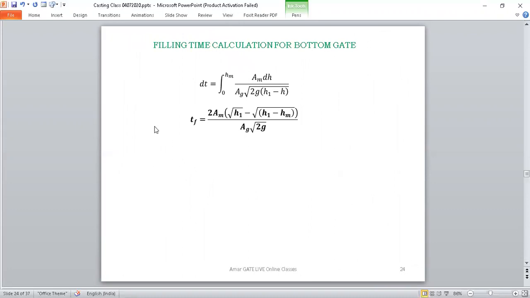So you need the area of cross section of the mold, H1, the total height above the gate, Hm the mold height, and h. You will calculate the filling time. Is it okay to all? Yes, the recording is there.